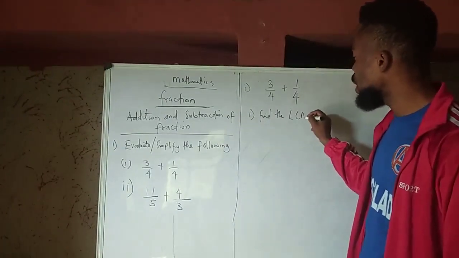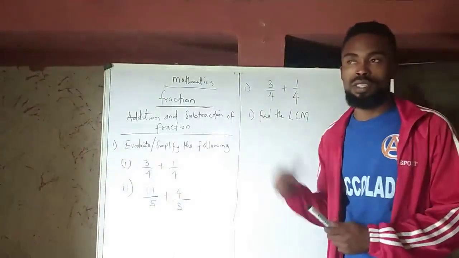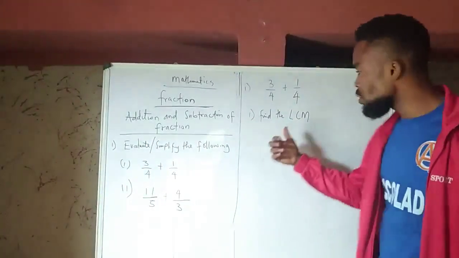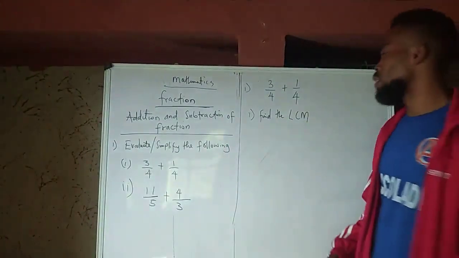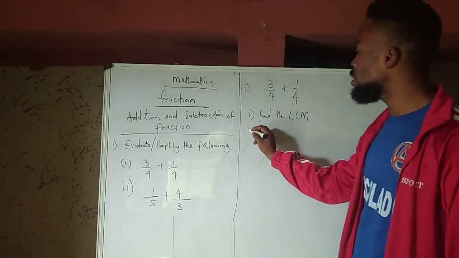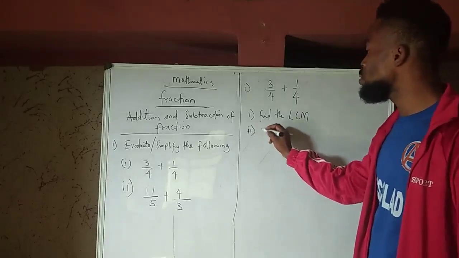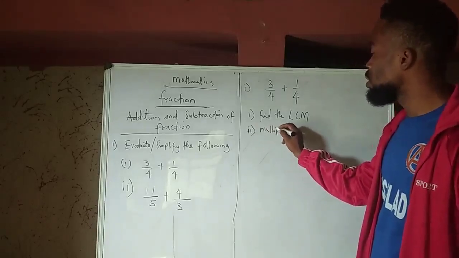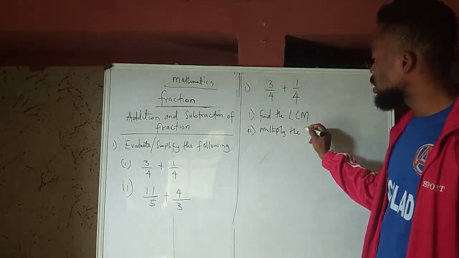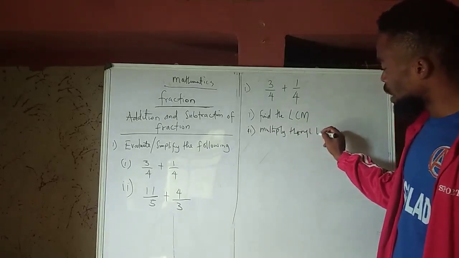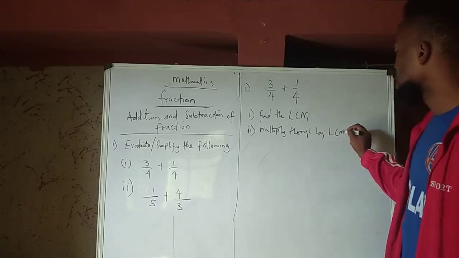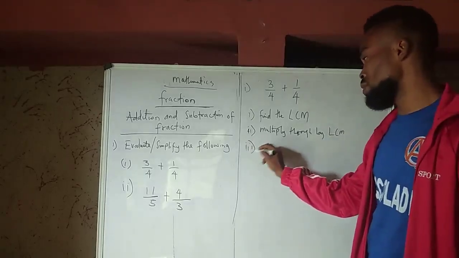You see, this is why we actually talked about LCM earlier. So the first thing to do is to look for LCM, and then the second thing to do is to multiply through by the LCM. And then the next thing to do is to simplify.